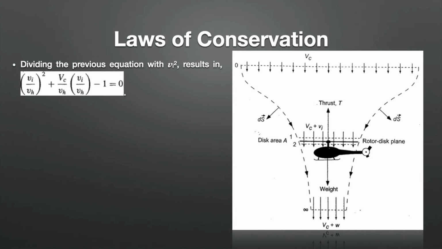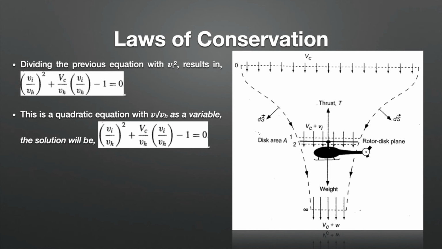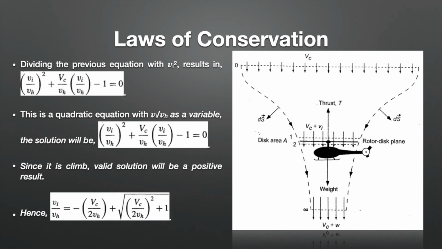The solution for the variable is Vi by Vh is equal to minus Vc by 2Vh plus square root of Vc by 2Vh whole square plus 1. That is the solution we get in the end. Since it is climb, the valid solution will be the positive result. Hence you get the formula Vi by Vh is equal to minus Vc by 2Vh plus square root of Vc by 2Vh whole square plus 1.